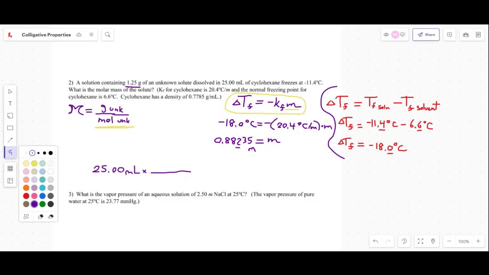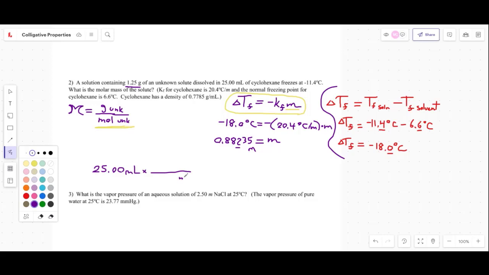We're going to have to take that and multiply it by the molality that we had just calculated to get the moles of X, or the unknown solute. Very good, Joe. Very good. Yeah, absolutely. Thank you.